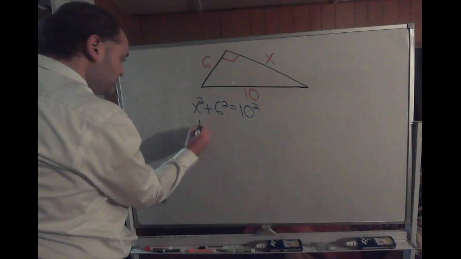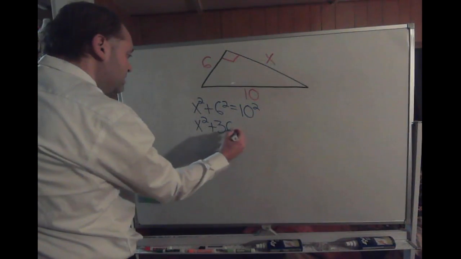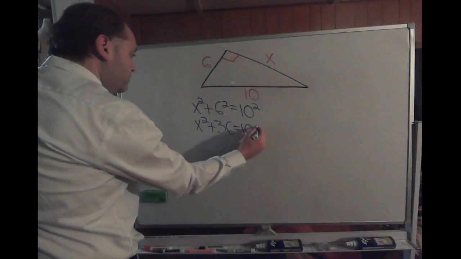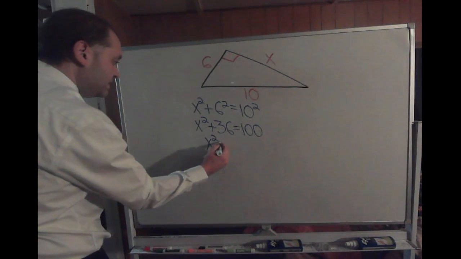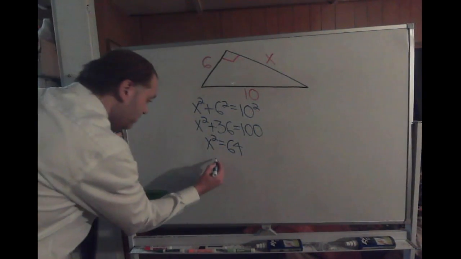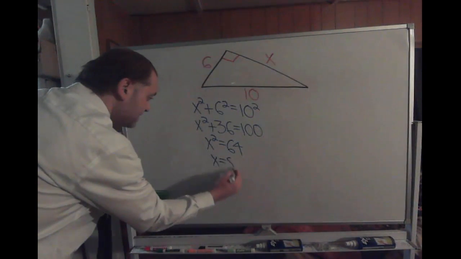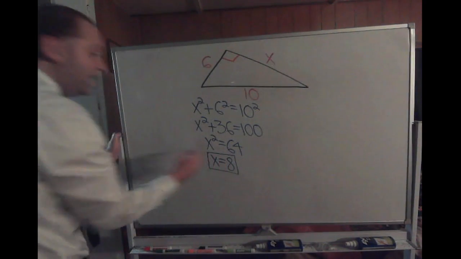And then, of course, we'll simplify this. You'll have x squared plus 36 would be equal to 100, which would then give you that x squared is equal to 64. And the positive square root of 64 is 8. So the length of that leg with length x would give you 8.